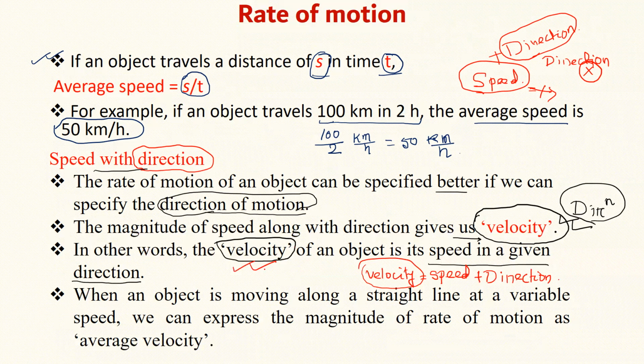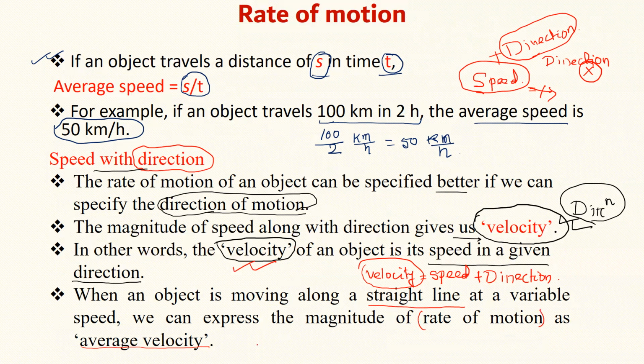When an object is moving along a straight line at a variable speed, we can express the magnitude of the rate of motion as average velocity. Velocity means the object is having a direction.